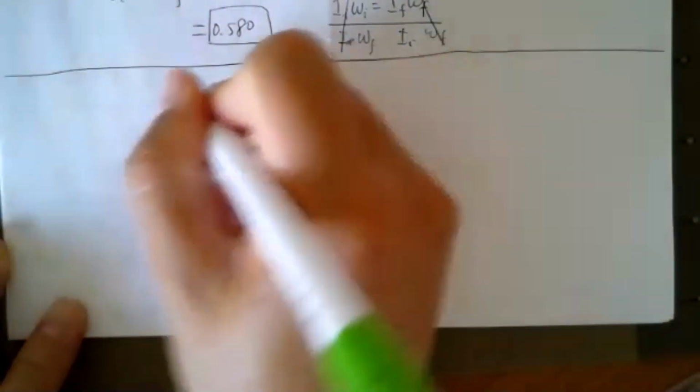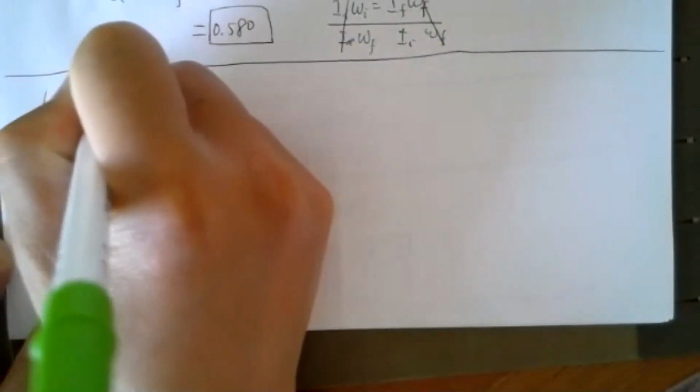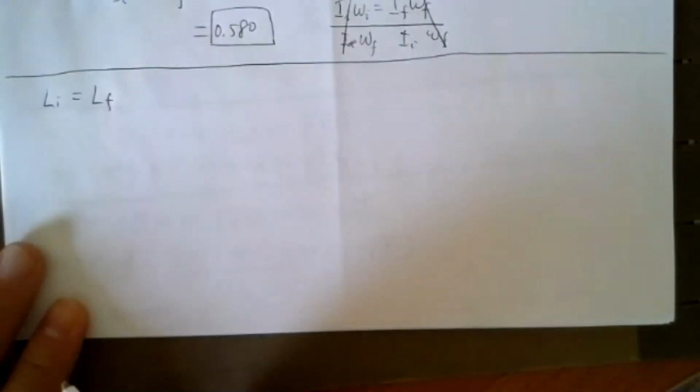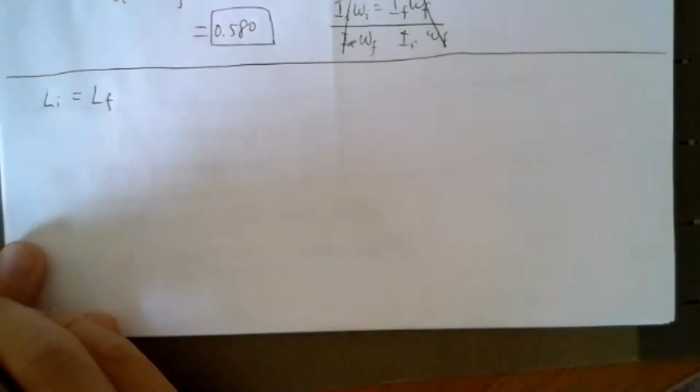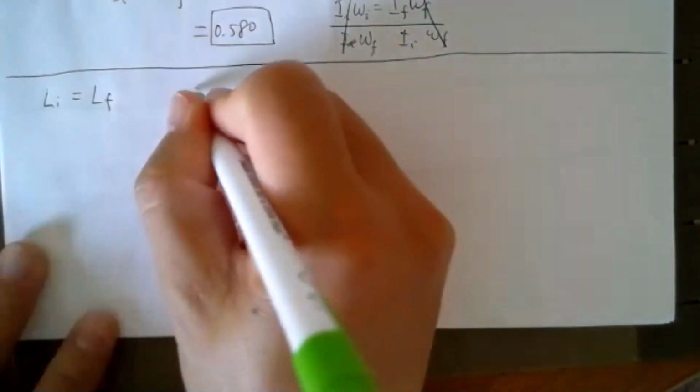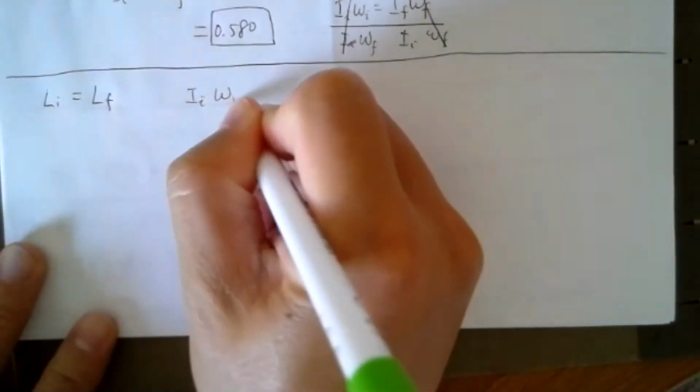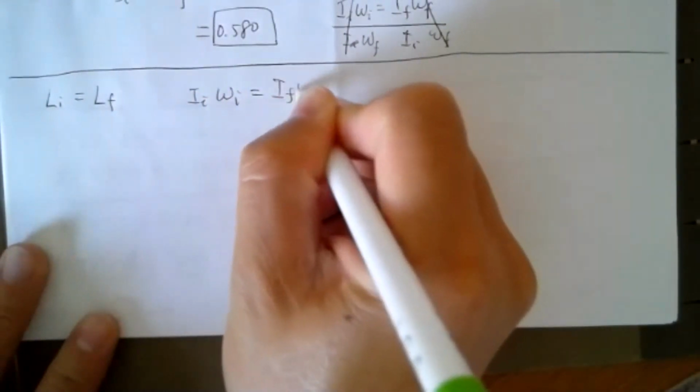So if the external torque is equal to zero, angular momentum should be conserved. Again, Li is equal to Lf: initial angular momentum equals final angular momentum. Then I_i omega_i should be equal to I_f omega_f.